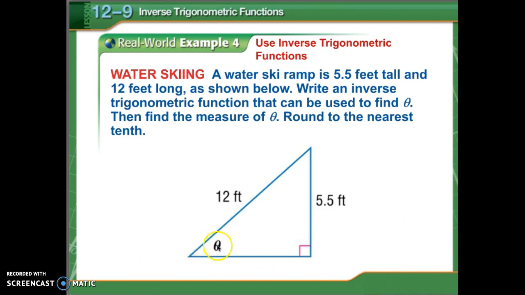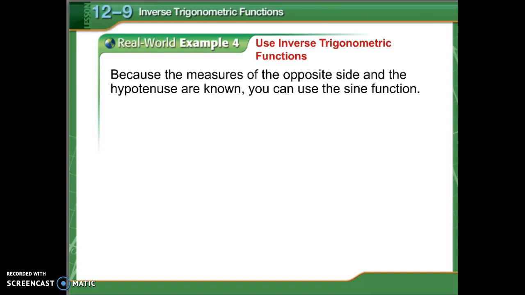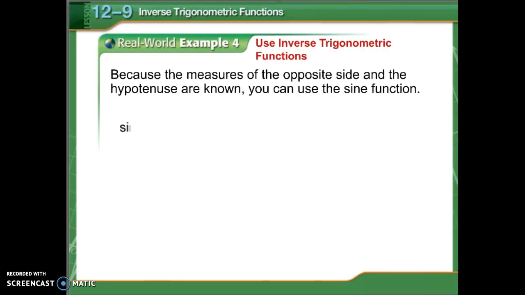When you look at this angle and these sides, you should know that the 5.5 is the opposite side and the 12 is the hypotenuse. When you have opposite and hypotenuse, that means the sine function. So we're going to need to do the inverse sine of 5.5 over 12, and that will give us the measurement of angle theta.